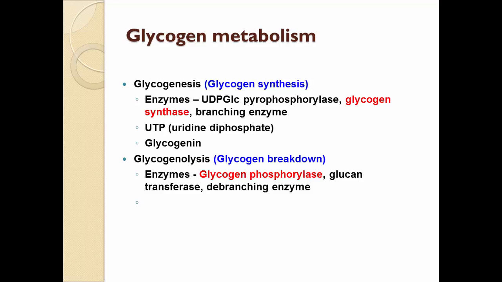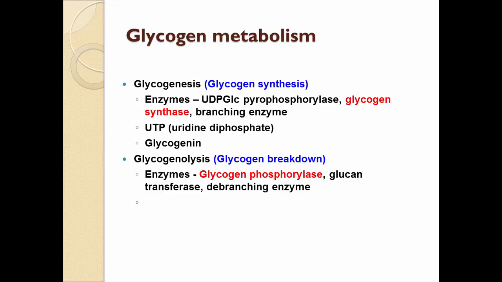And glycogen synthase and branching enzyme. So three enzymes, I just want you to remember the key enzyme is glycogen synthase, right? So glycogen synthase is a key enzyme in the glycogen synthesis pathway.